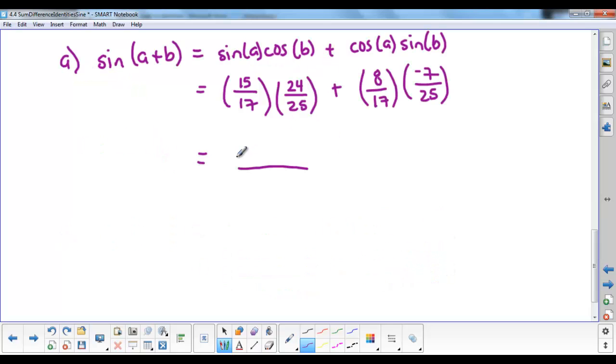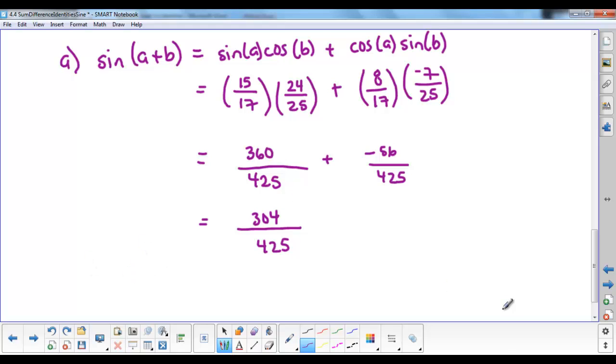We end up with 360 over 425 plus negative 56 over 425. And since we have a common denominator, we can subtract the numerators. 360 take away 56 gives us 304 over 425.